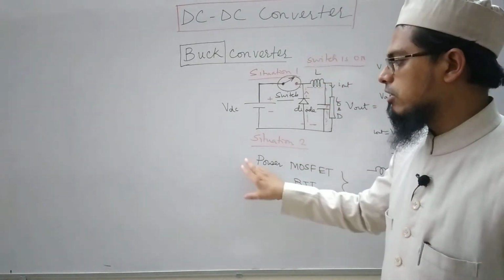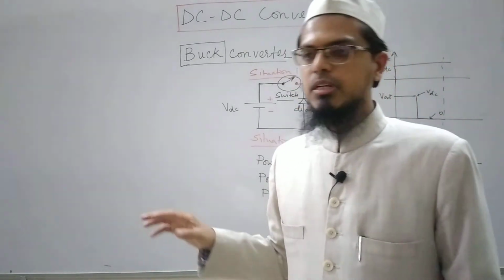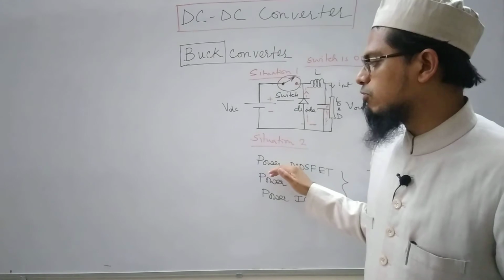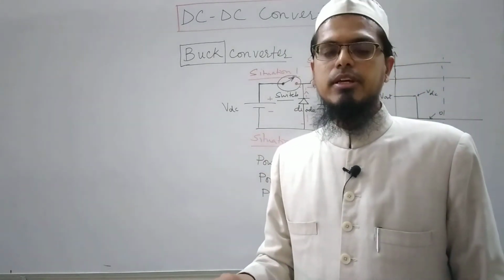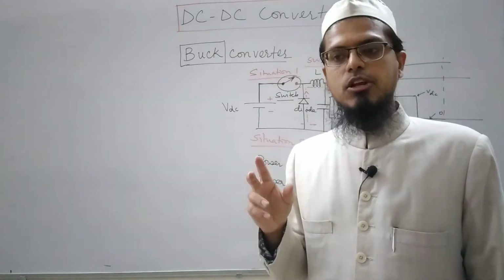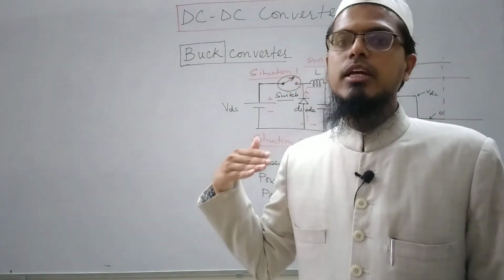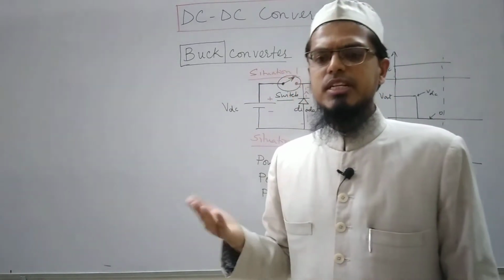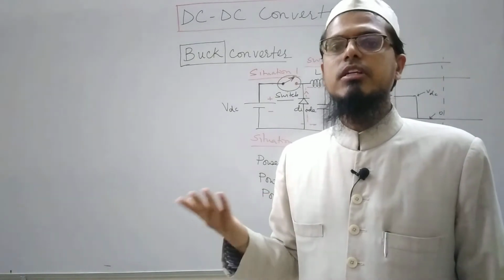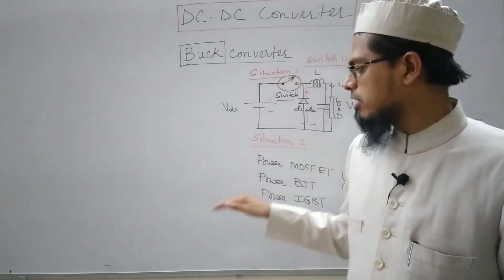From the electrical engineering point of view, please remember that MOSFETs are fully controlled switches and they operate at very high frequency. The switching loss is quite low in MOSFET, so we can move up to very high frequency operation. What is the advantage of high frequency operation? What are the disadvantages? We will discuss them in some other lecture.